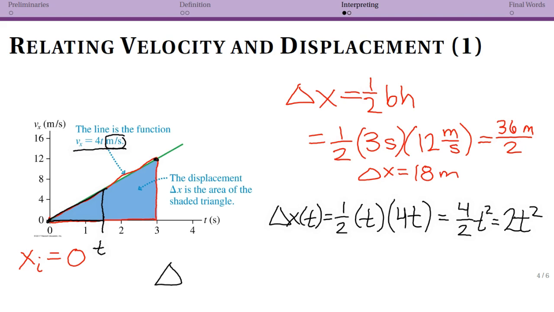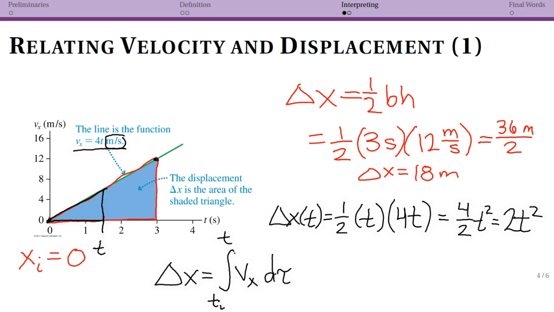So we can say that our displacement is equal to the integral of vx dt. Now I'm writing this as initially an indefinite integral, but let's make this from t initial to t. So if I want that, I probably want to switch this out and make this just d tau, so it's a little more clear.